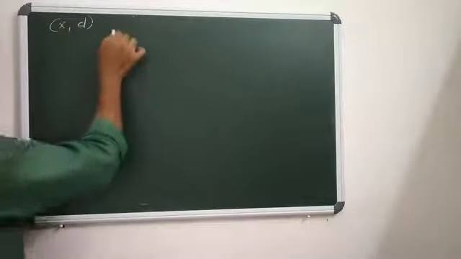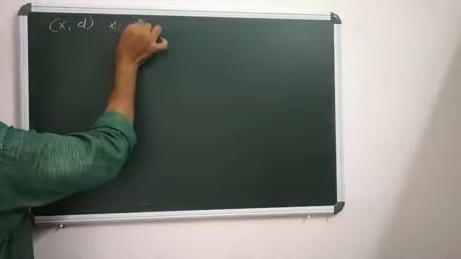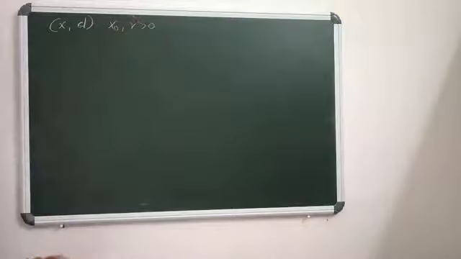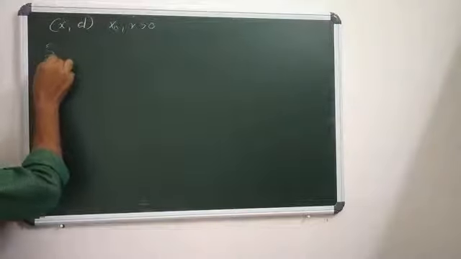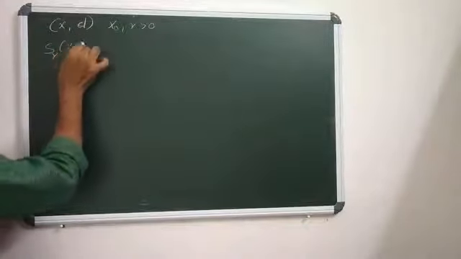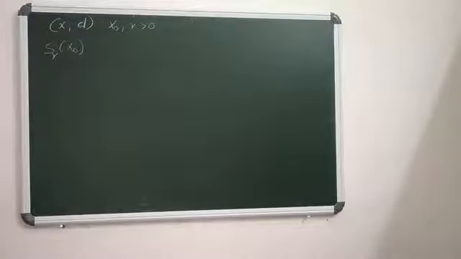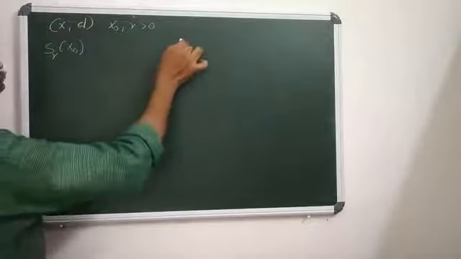Then let x0 in X and r be positive. Then the open sphere with center x0 and radius r is denoted as S_r(x0). S_r(x0) is known as the open sphere.